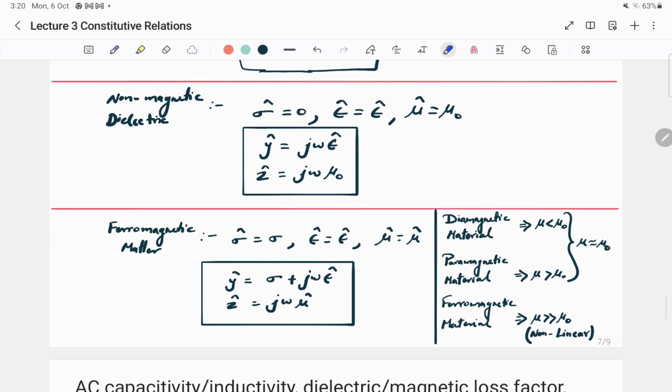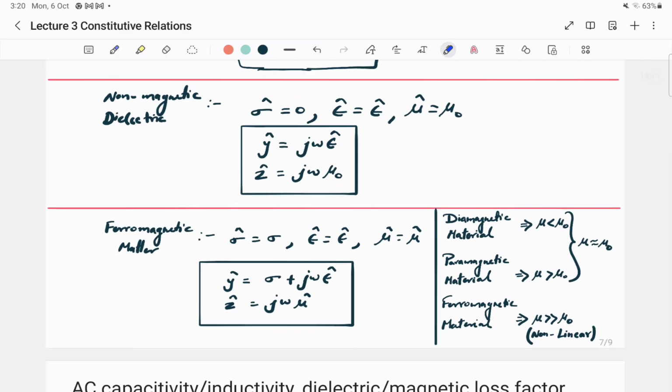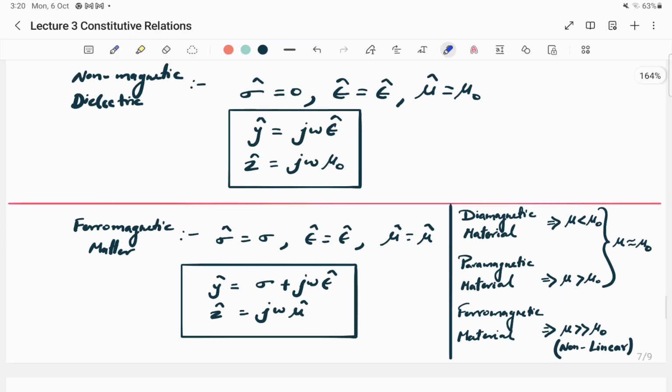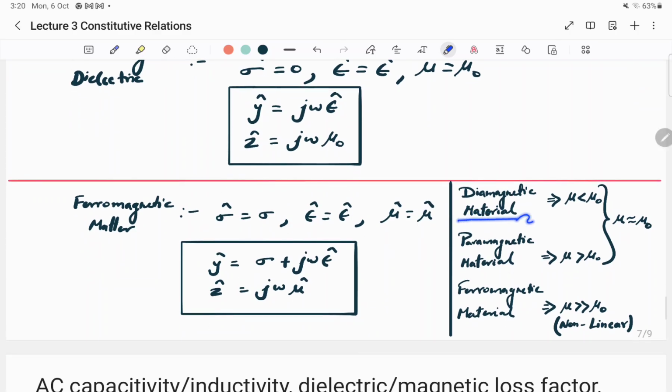For ferromagnetic material, before looking into it, we must also know that for diamagnetic material mu is less than mu naught, and for paramagnetic material mu is greater than mu naught. But for ferromagnetic material, mu is very much larger than mu naught, and the relationship is non-linear.